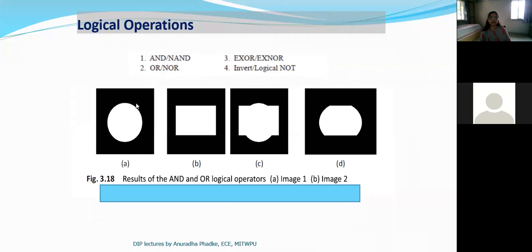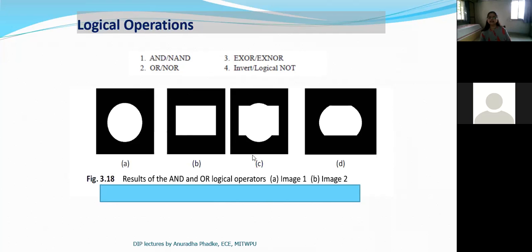Okay, so let us consider this image A and image B. These are, say, your original images. Now, can you tell me what logical operation between A and B gives you result C?